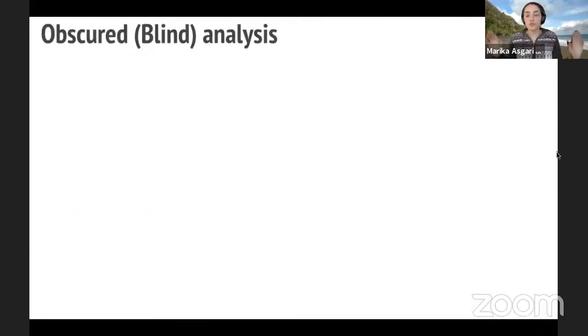All right, before I show you the money plot, which you probably have seen, I just want to give you a little bit of a backstory about why we obscure the data and why we do basically blind analysis. So there is a longer story before that, but I'm just going to start with the previous KiDS data.